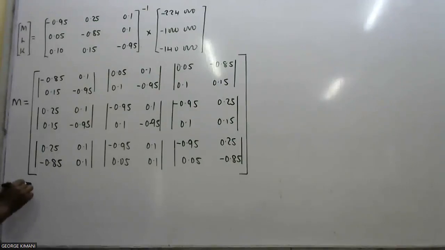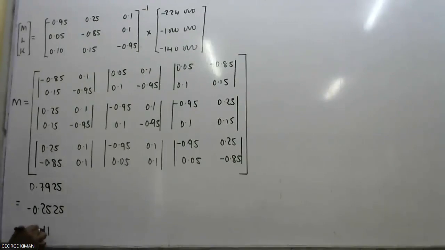I'm getting 0.7925. Kuja hapa chini, itasema 0.25 times minus 0.95 minus 0.15 times 0.1. Getting negative 0.2525. 0.25 times 0.1 minus 0.25 times 0.1 is 0.11.